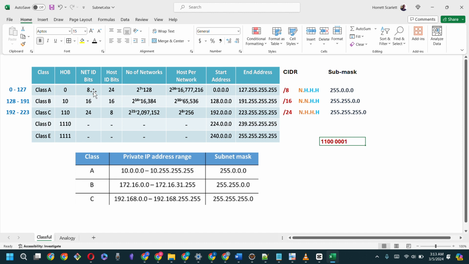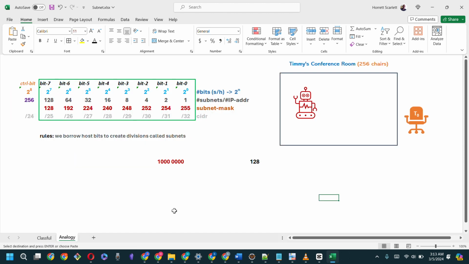they are going to be used to represent a class A address, which means we're going to turn on all of those bits. And that is why our subnet mask becomes 255, because it means that for the subnet mask, we would have 1111 1111. And if we compute what this equates to, then you will realize that we have turned on all the bits going down, all 8 bits.